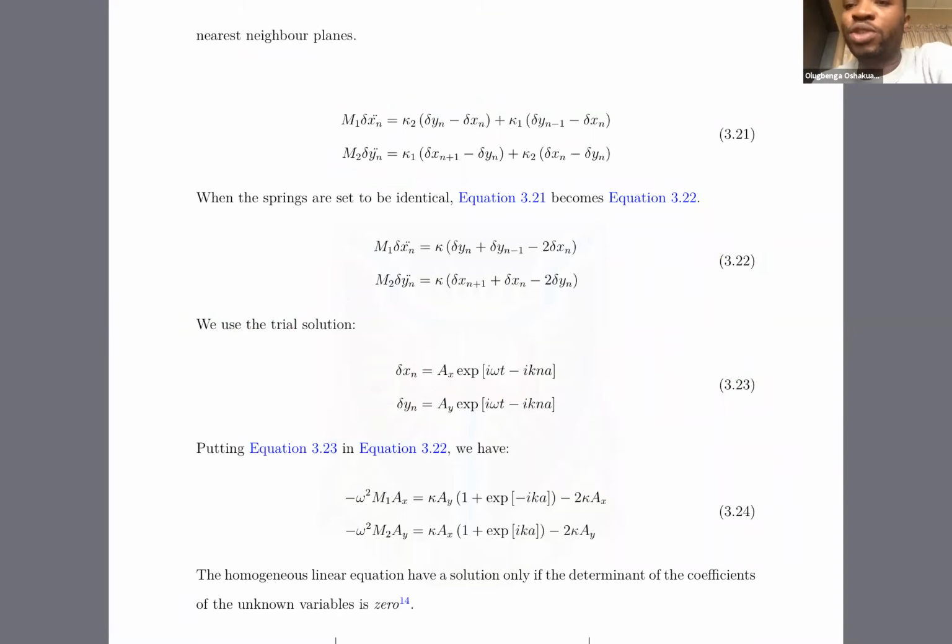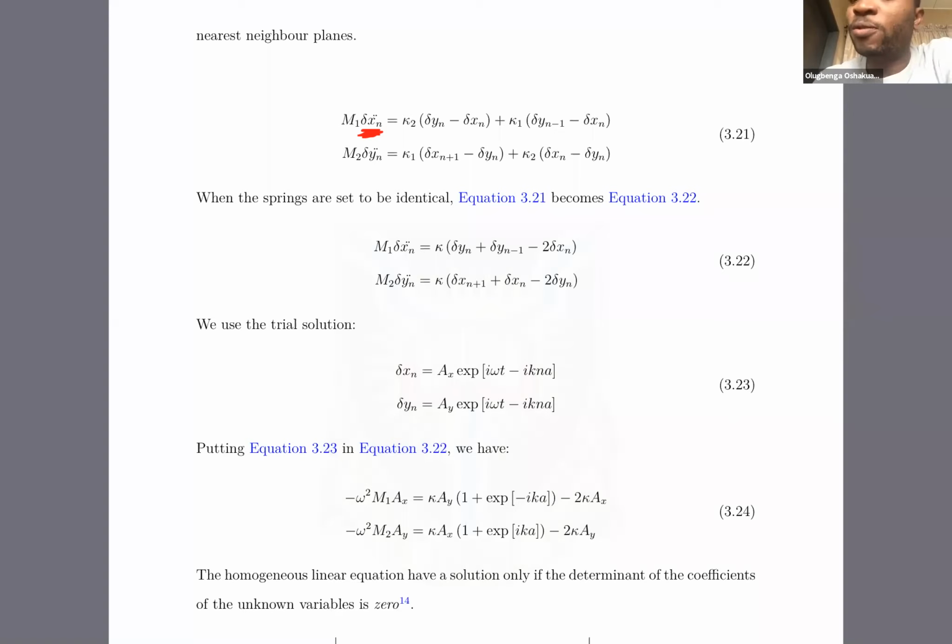Now, just like we had in the monatomic chain, we also have a trial solution in equation 23, which you can differentiate twice with respect to time.